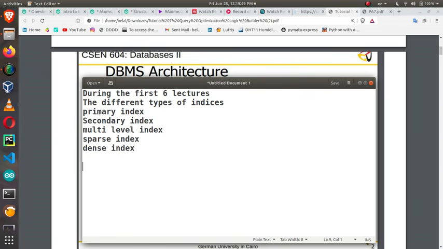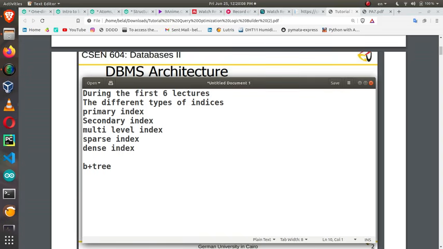Then during tutorial 2, we've learned about the B+ tree data structure used to build an index to make the search process faster in most of the database management systems available today.